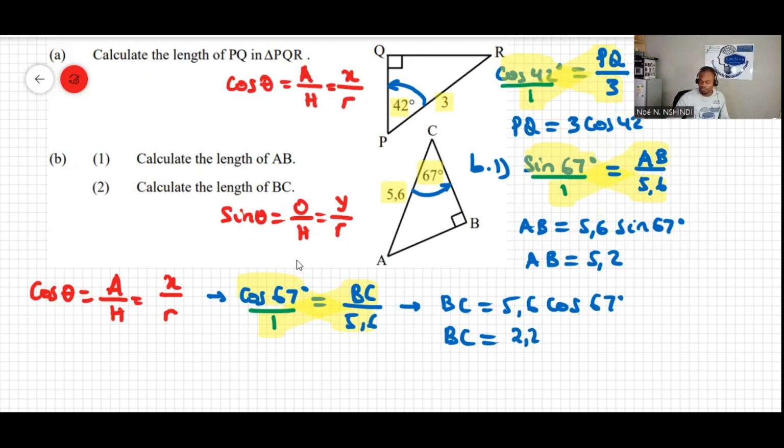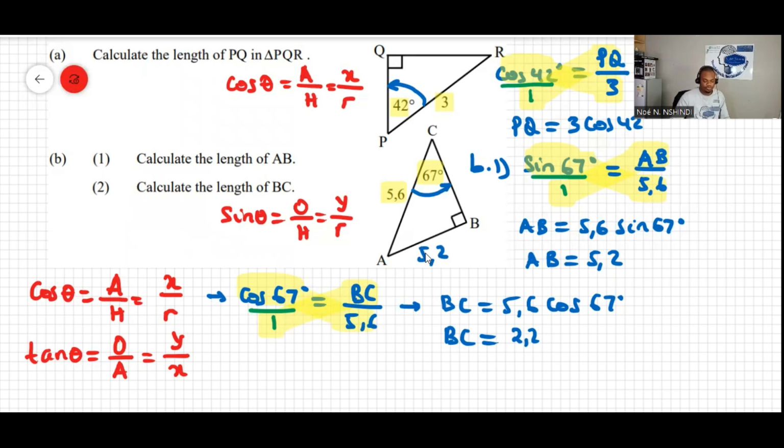But we can also use the tan formula in this case, because tan of theta is given by opposite side over adjacent side, where opposite is sometimes y and adjacent is x. I said that because we did calculate AB in the previous question, and we found that AB was 5.2.